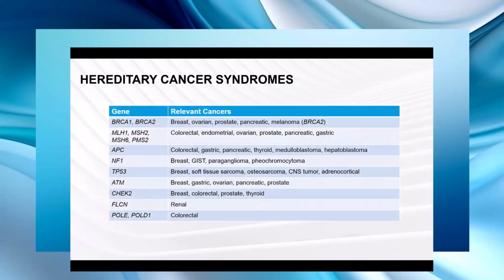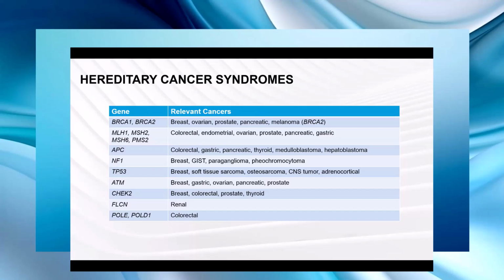So here's a table to provide another perspective regarding cancer gene associations. As you can see from this table, most of the genes listed here actually have multiple cancer associations. For example, BRCA1 and BRCA2, those are probably the two most well-known genes for breast cancer.